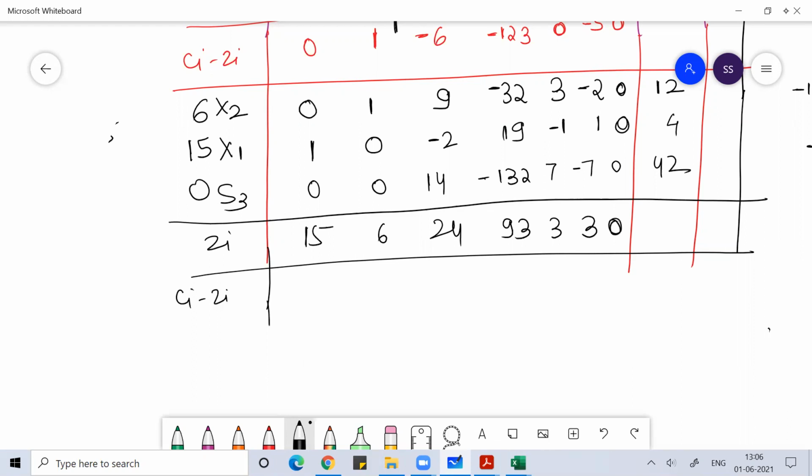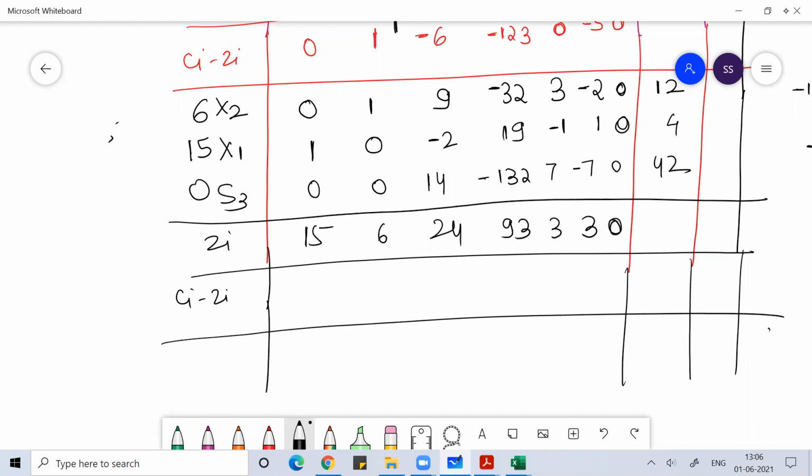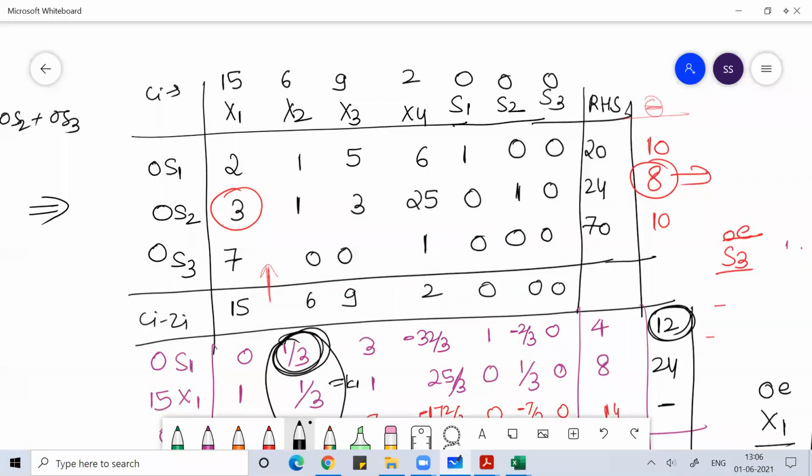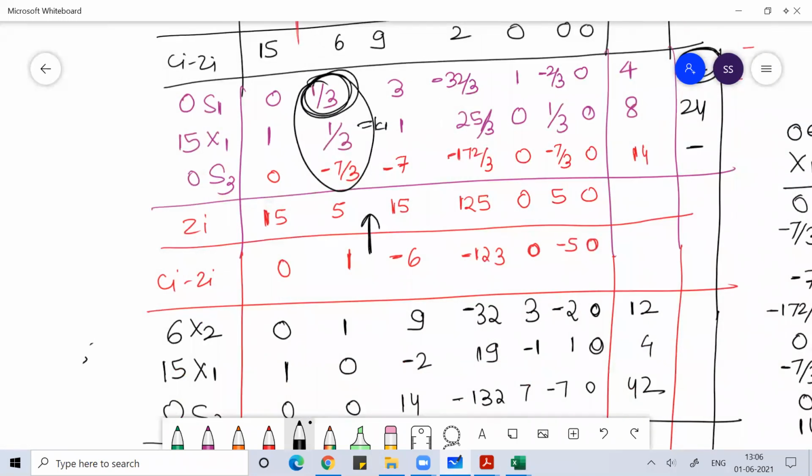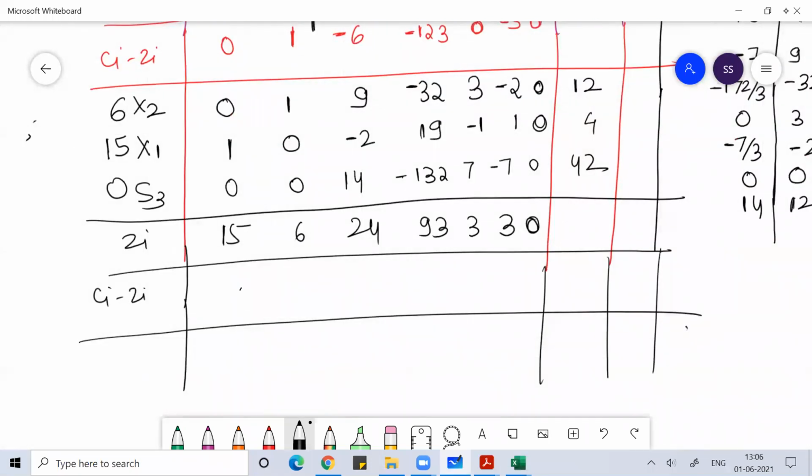Ci minus zi: this is 15 6 9, 9 minus 24, minus 15. Minus 15 only you get, right?